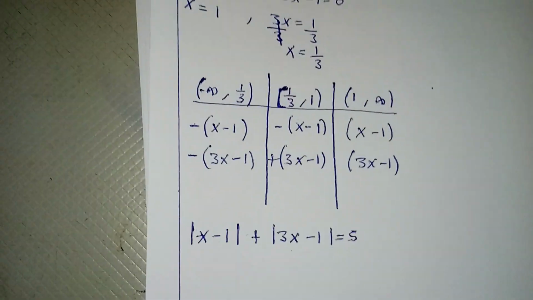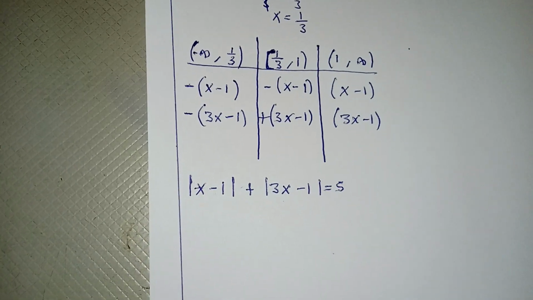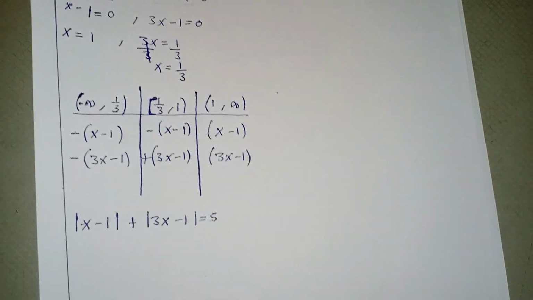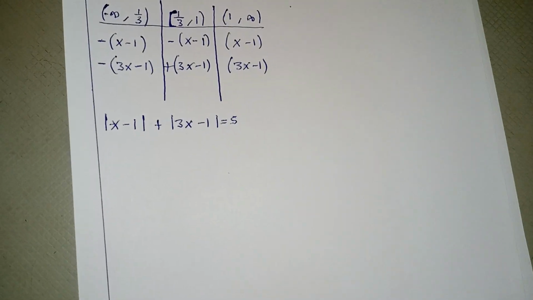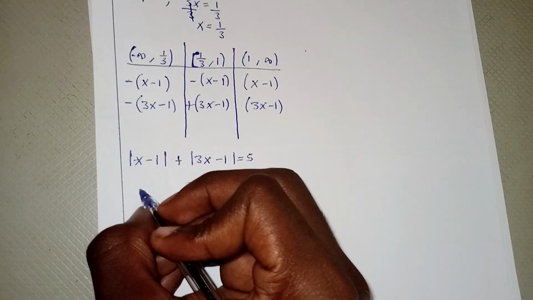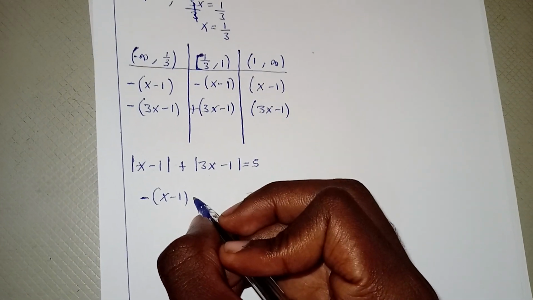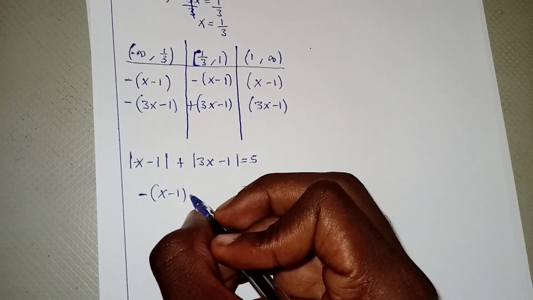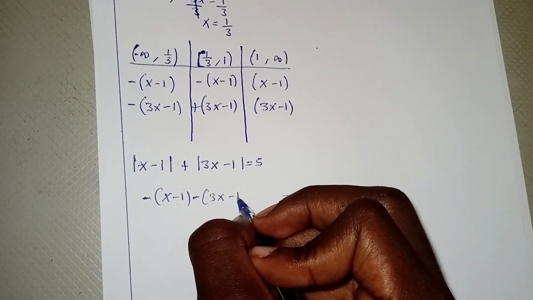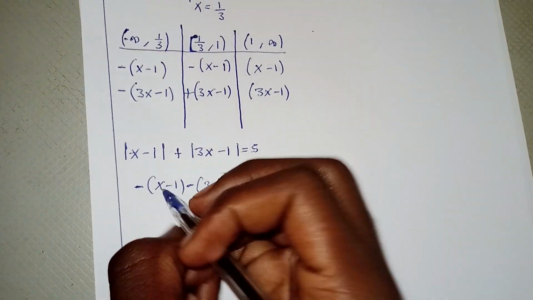Okay, so let's start testing now. Let's try to join these ones here. You can start with that. So how do we do it? We'll join these two. So this is just the same as negative x minus 1. Since this one is positive, this is going to be minus. You get this minus 2, 3x minus 1. Then you say this must equal 5.